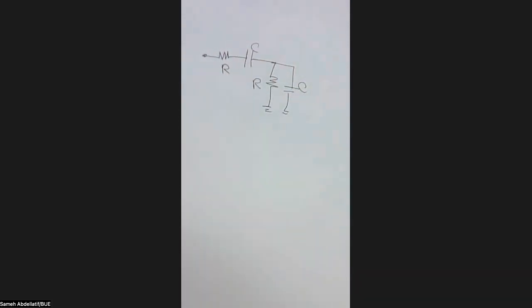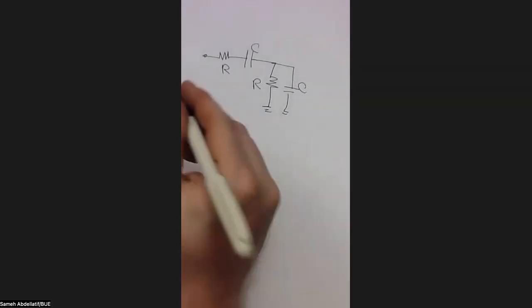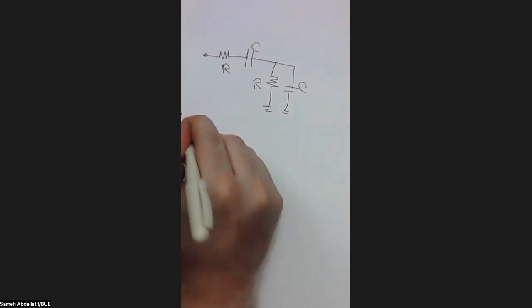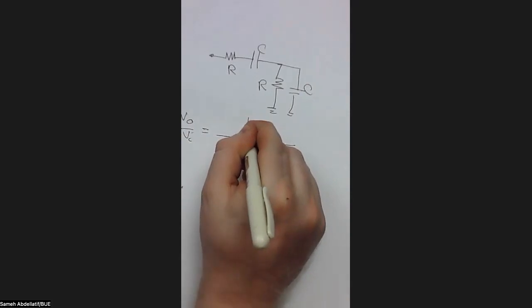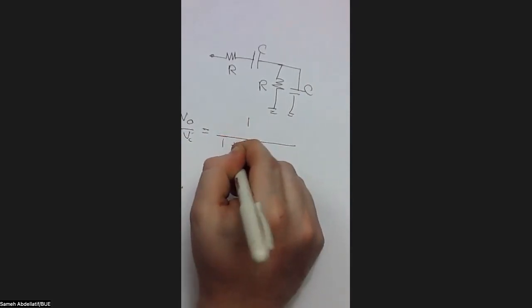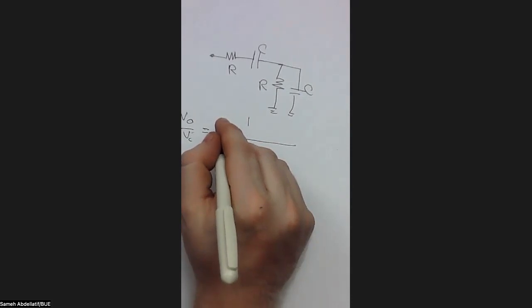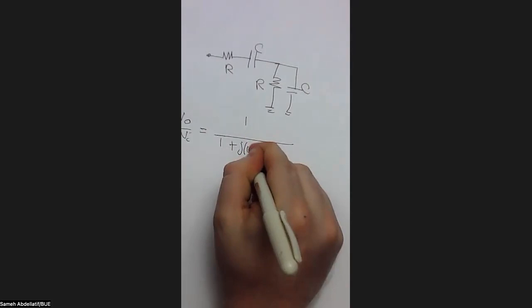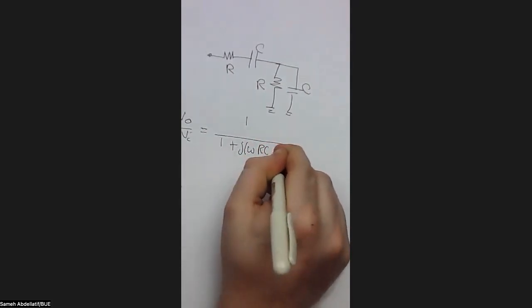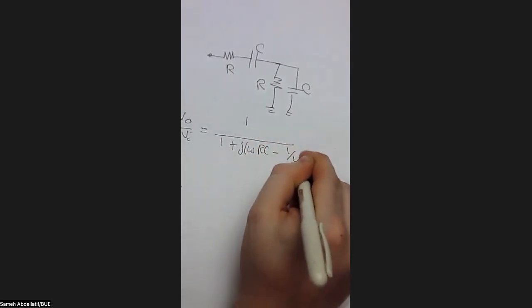If you remember, I already investigated this circuit with you before, and I think I can tell you directly the final configuration. I think it was that V output over V input equals 1 over 1 plus j times (omega RC minus 1 over omega RC).